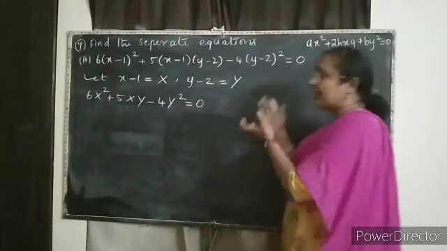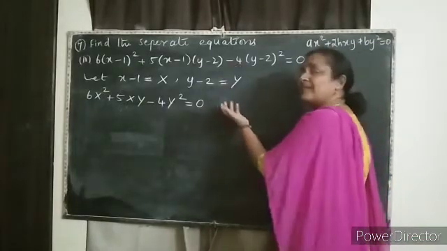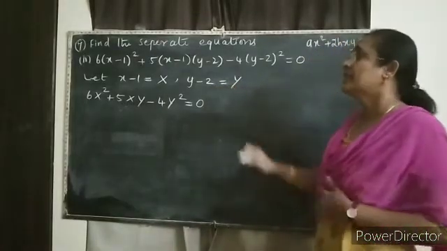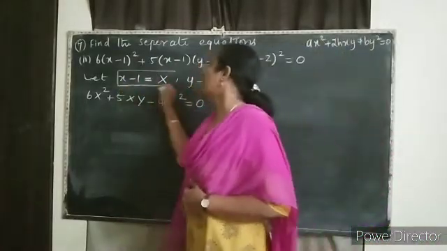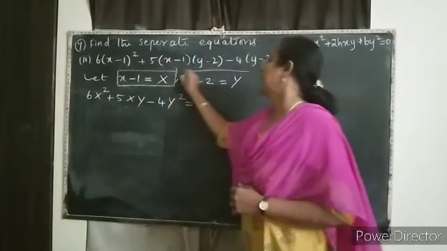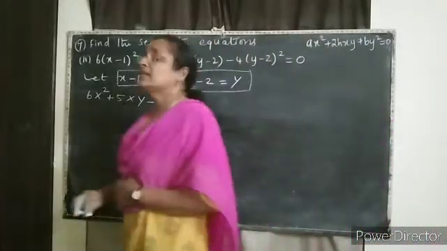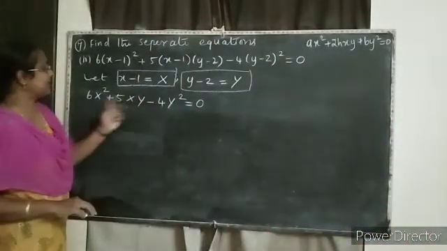So I have derived the given equation in this form, very simplest form. So you can use this method in order to simplify this. So don't forget, assume small x minus 1 equal to capital X and small y minus 2 is equal to capital Y. Okay. So now we are going to factorize this.